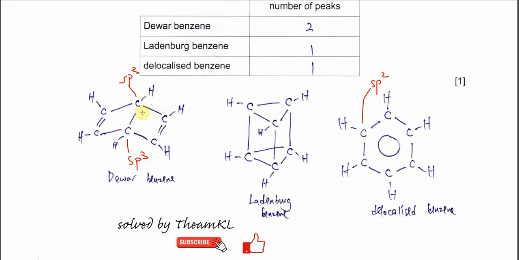So it will cause the ring to be relatively unstable compared to this delocalized benzene. Same as this Ladenburg benzene. As you can see here, all these carbons are sp3 carbons with tetrahedral geometry, of course, and each carbon has 4 electron pairs, and of course the repulsion is always there. It means these 2 ring structures, or these 2 isomers, are relatively unstable. That's how the explanation should be.